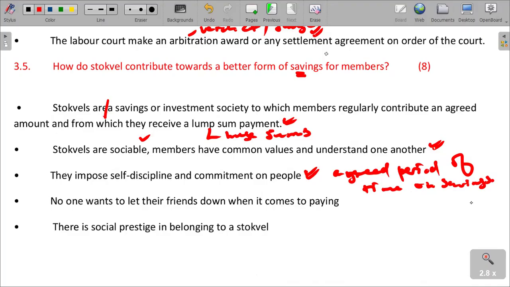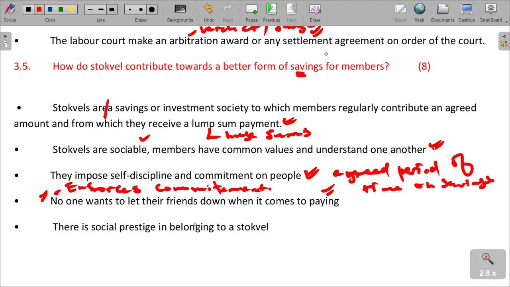You understand? No one wants to let their friends down when it comes to paying because there is a commitment. Hence, it enforces commitment of members. Members are obliged to pay.